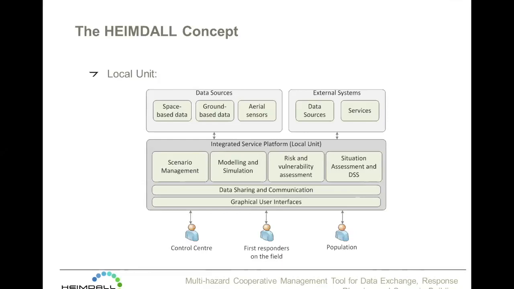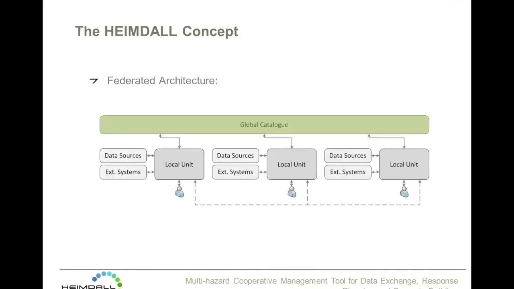Based on this, we'll have different local units, and our idea would be to make use of a federated architecture so that the different local units, managed by different organizations and by different countries, can dialogue with each other and be interconnected by means of a global catalog.